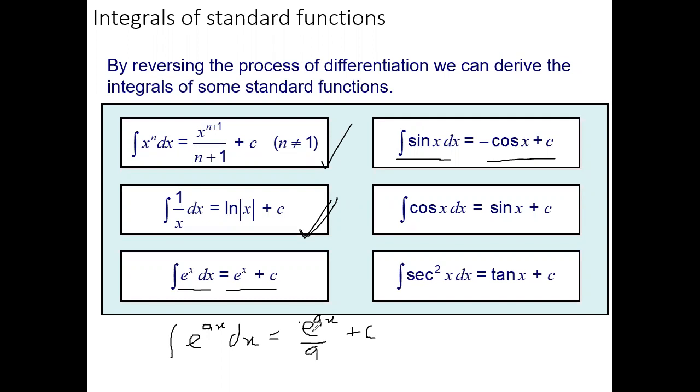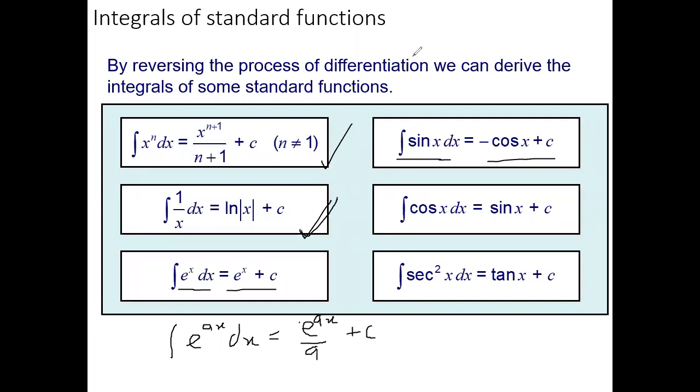Yes, I think for now, let's look at this and then try some examples on them. Okay, so don't forget integral of sine is negative cos, integral of cos is sine, integral of sec squared x is equal to tan.